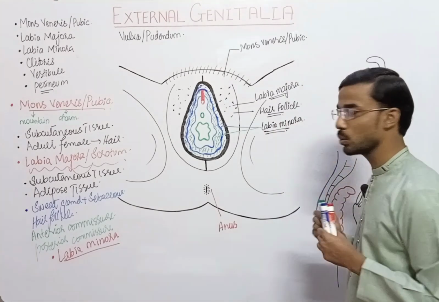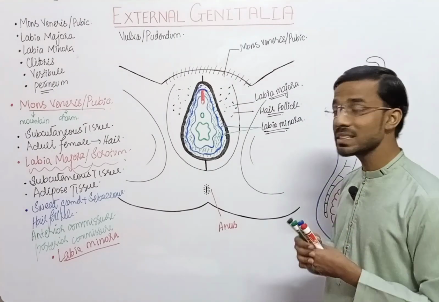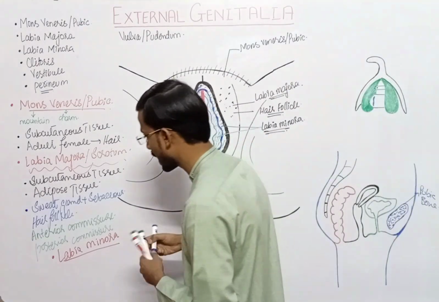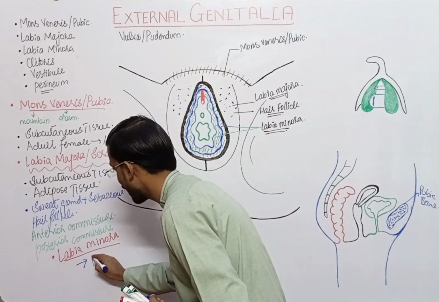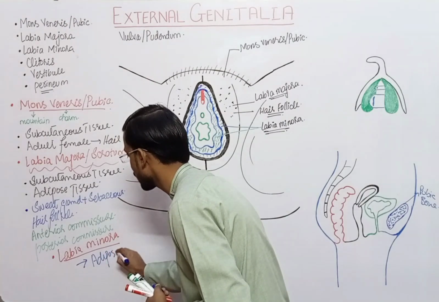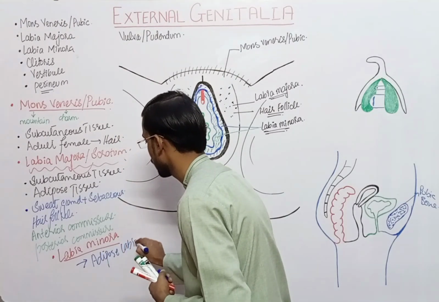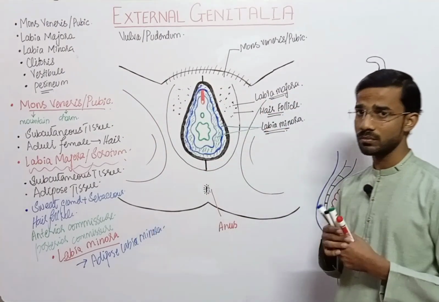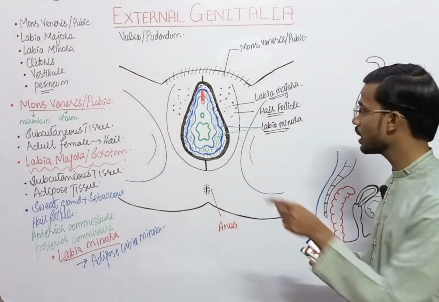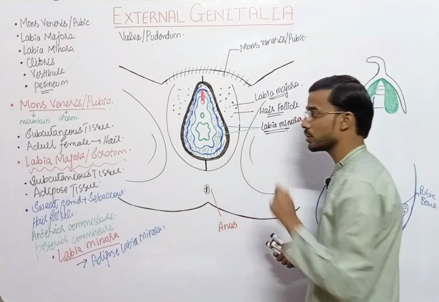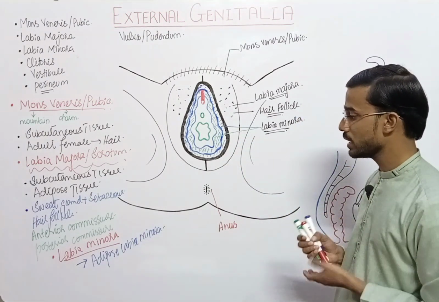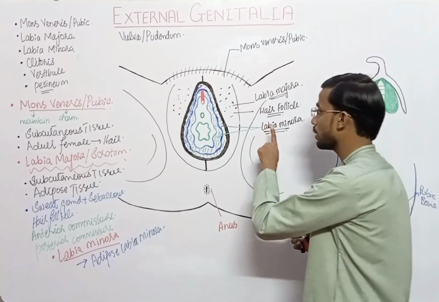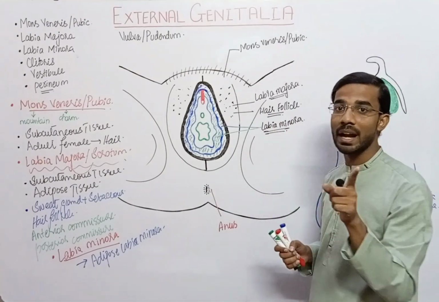These two layers do not contain any fat, or adipose tissue. Sebaceous glands are present in the labia minora, but sweat glands are not present.